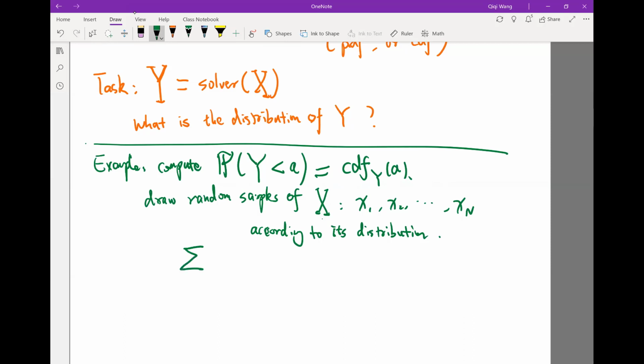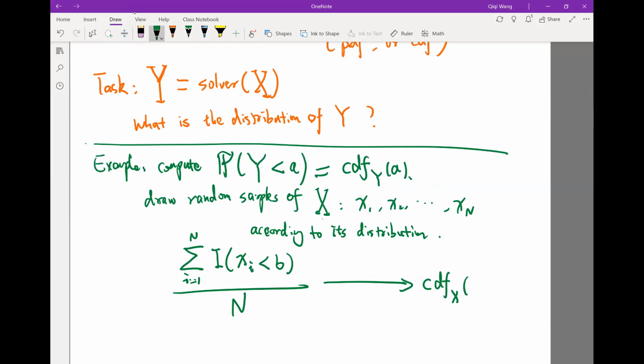If I sum over the indicator function of xi less than a certain value, let's say b, with i going from 1 to n, divided by n, this is really the proportion of x's whose value is less than b. That proportion has to go to the CDF of x at b as my big N goes to infinity.